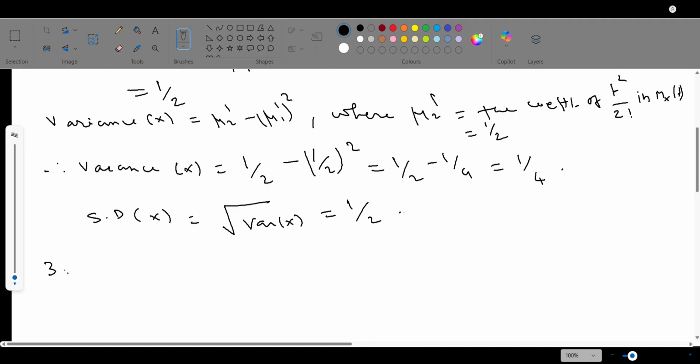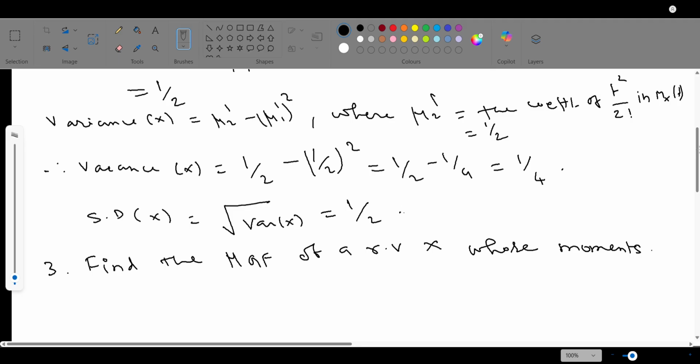One more question we can do now. Find the MGF of a random variable X whose moments are given by mu r dash equal to r plus 1 factorial.